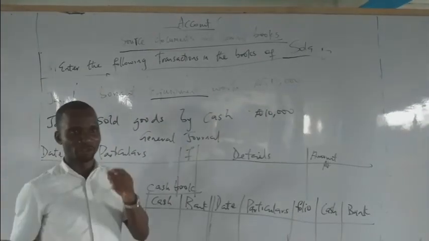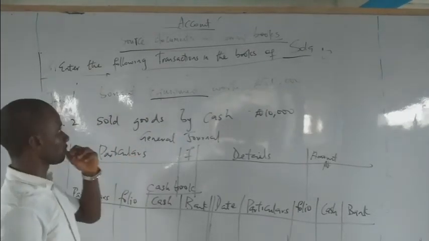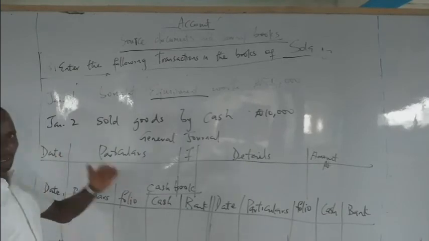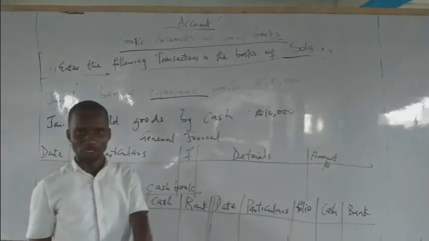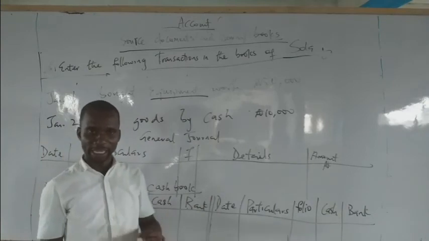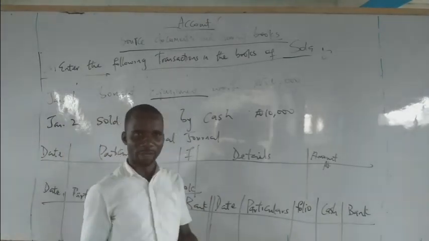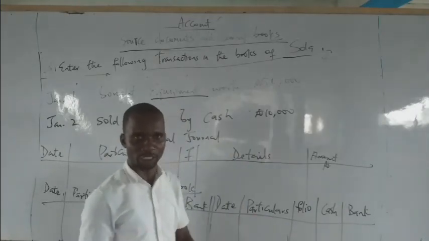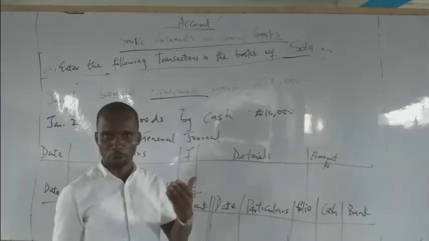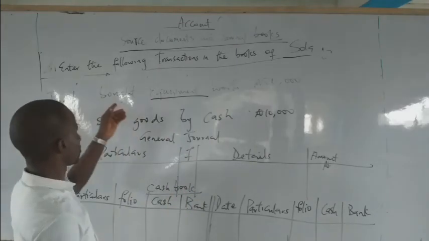Please, there are some technical terms you should note in accounting. If they said bought goods, that means that is what the person is trading on. For instance, a tomato seller, what is the item of merchandise? Tomato. That means if you are saying stock or goods of tomato, you should be talking of what?